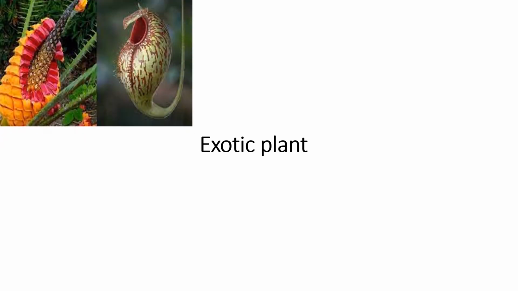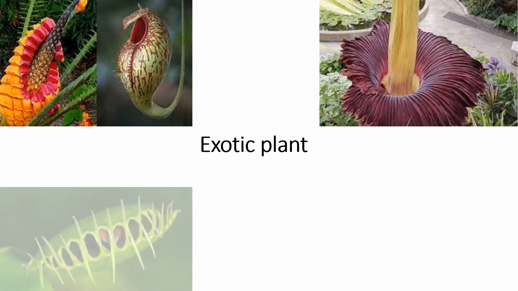Next we have exotic plant. When you say exotic, it means not common or very rare. Examples of exotic plants, not common around us, are pitcher plants. Pitcher plants can only be seen in the forest.